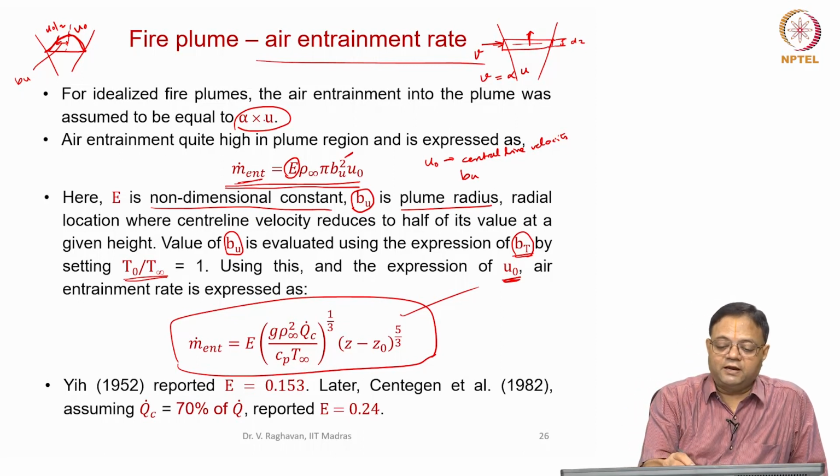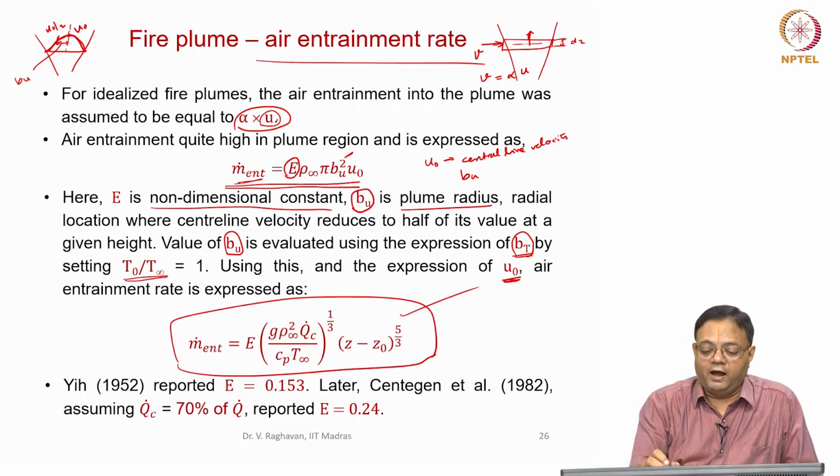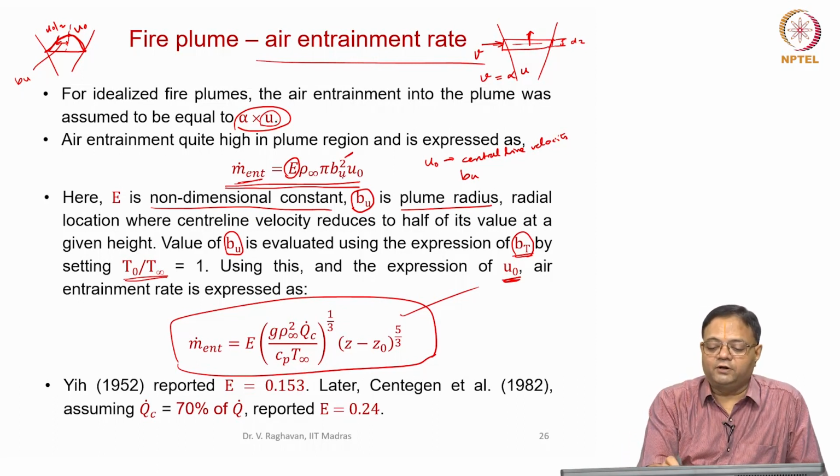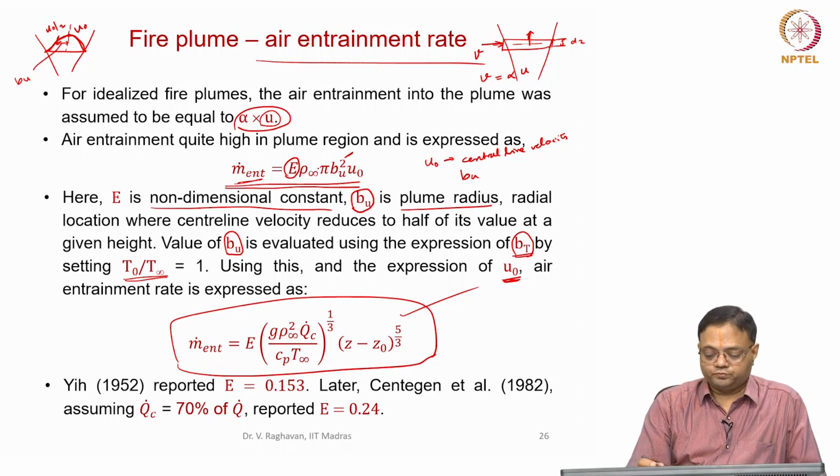Instead of just taking some alpha into u, which will be valid only when you take an average velocity or a top hat profile, I consider an expression like this, where the mass entrainment rate depends on the mass flow rate of the plume, and there is an empirical, non-dimensional constant.